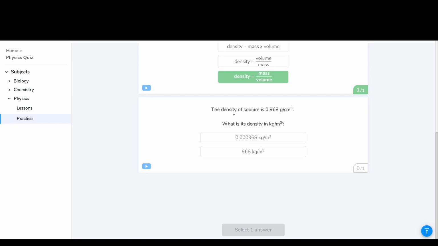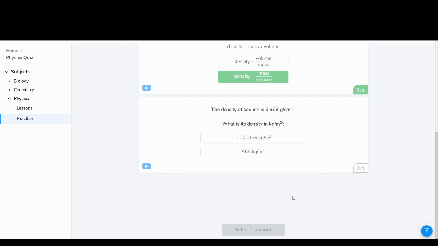The density of sodium is 0.968 gram per centimeter cube. What is the density in kg per meter cube? These are the two options. If you want to convert gram per centimeter cube into kg per meter cube, what do you do?